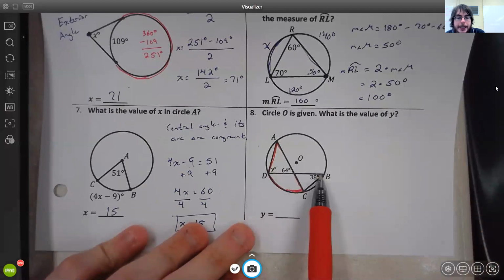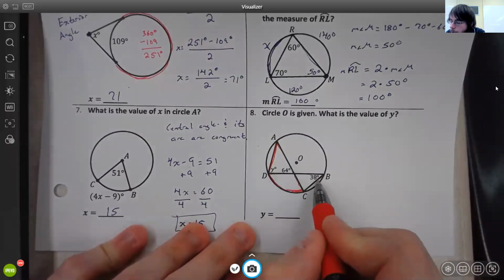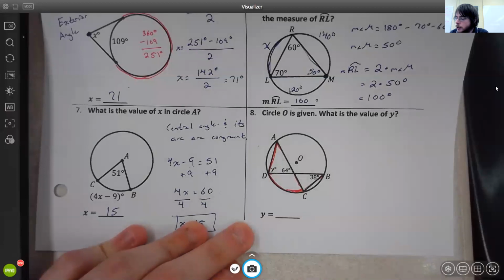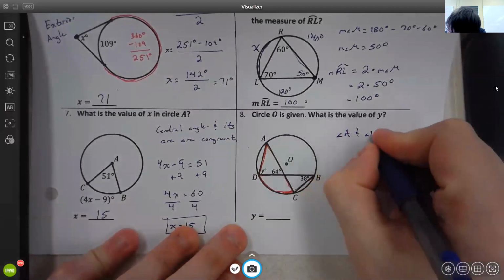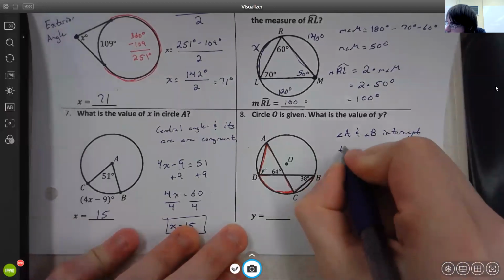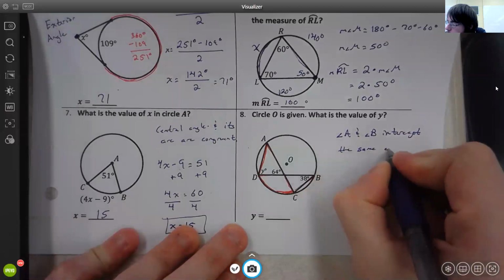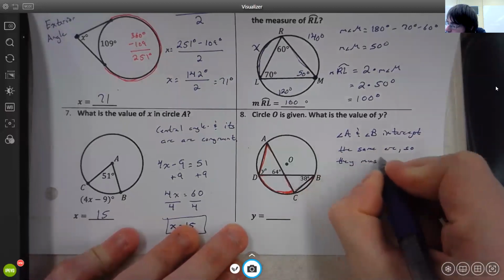Well, that would be DBC. So DBC also intercepts that arc. So angle A and angle B intercept the same arc, so they must be congruent.